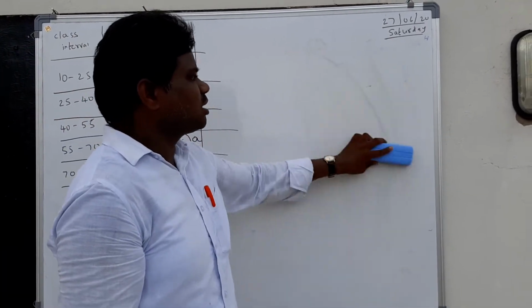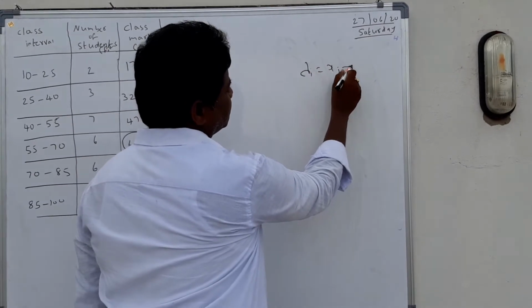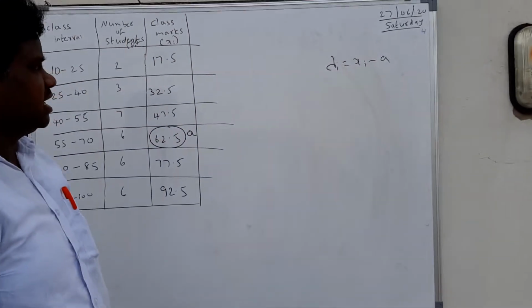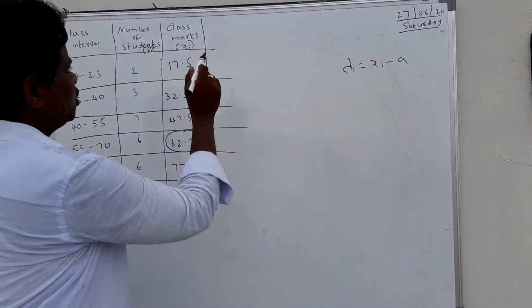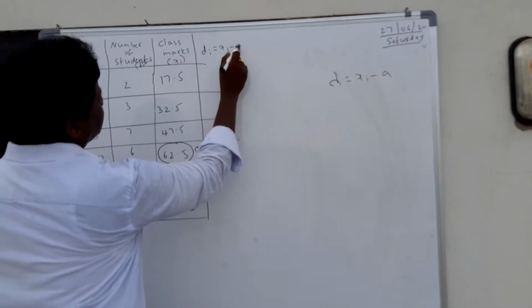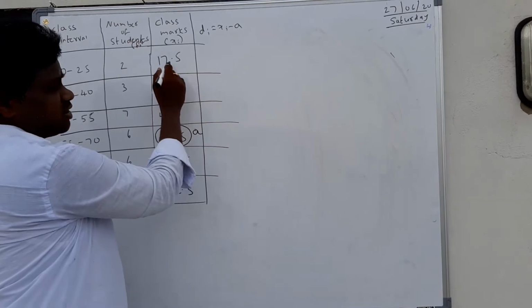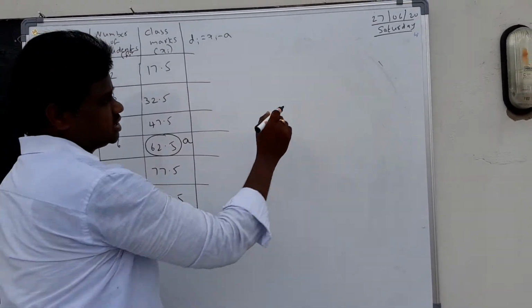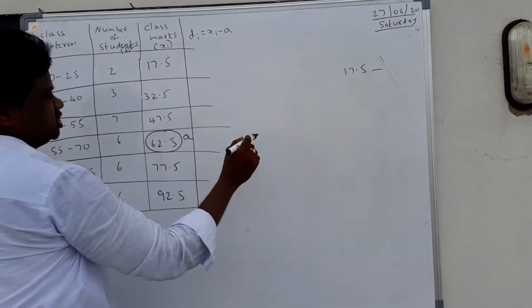How do you get deviation? Deviation means xi minus a. So for the first value 17.5, you have to calculate di. That is 17.5 minus 62.5.